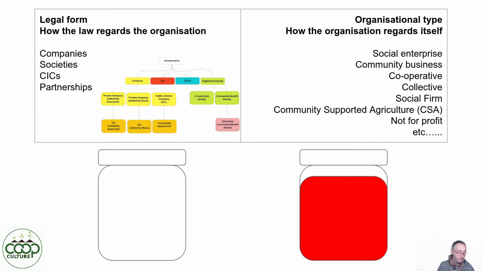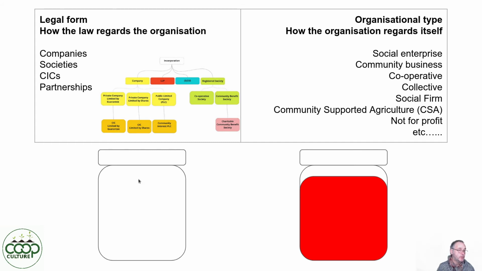And the metaphor that I like to use is that the legal form is a jam jar, just an empty jam jar that you can put pretty much anything in, and your organisational type is your jam. It's the stuff that's really related to the vision and the mission of the organisation. And any organisation will be a combination of both of them.